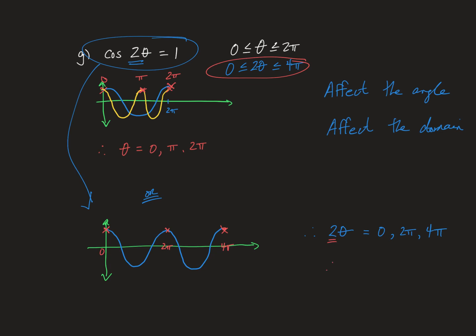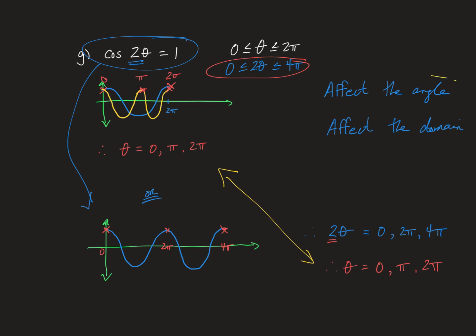Well, we divide by 2. So 0 divided by 2 is 0. 2 pi divided by 2 is pi. And 4 pi divided by 2 is 2 pi. And you'll notice we now have our solutions for theta.